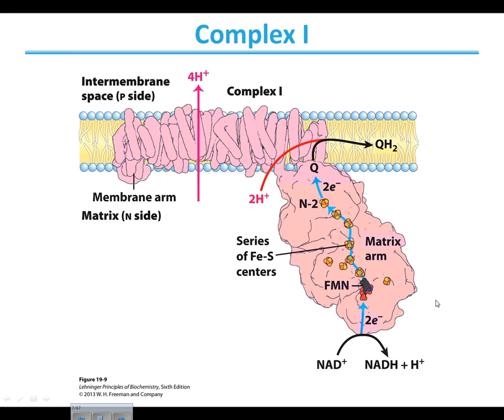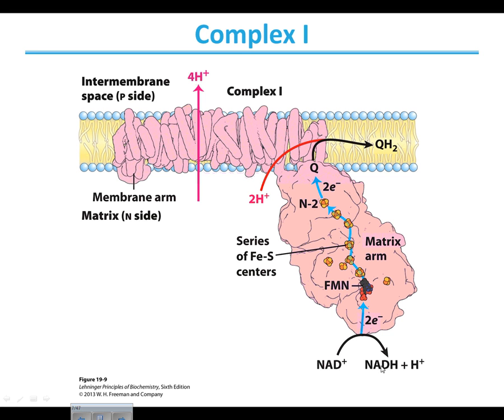That sounds like a horrific name, but if you take a look at it, it shows you what you start with, which is NADH here, and what you end up with, which is the ubiquinone, the fully reduced coenzyme Q. This is called a complex because it's actually 40 different proteins working together to accomplish a similar function. The way this is going to start, we need to be able to follow the electron flow.